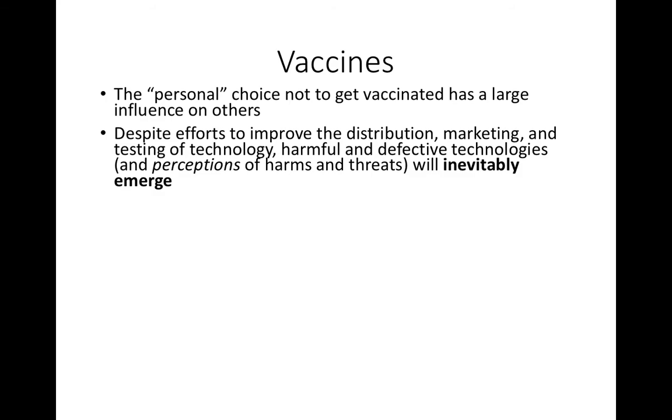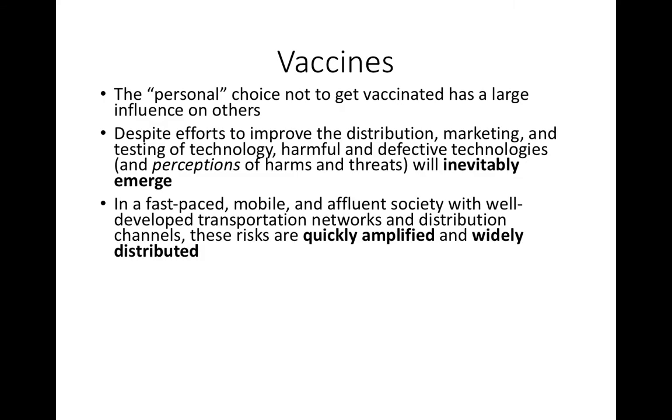And so, despite efforts to improve the distribution, the marketing, and the testing of technology, there's nothing really that can be done about harmful and defective technologies, along with the perception of harms and threats. There's really nothing that can be done about those inevitably emerging. So, as technology advances, again, people's lives will be saved, but at the same time, other people will be grievously or potentially fatally injured.